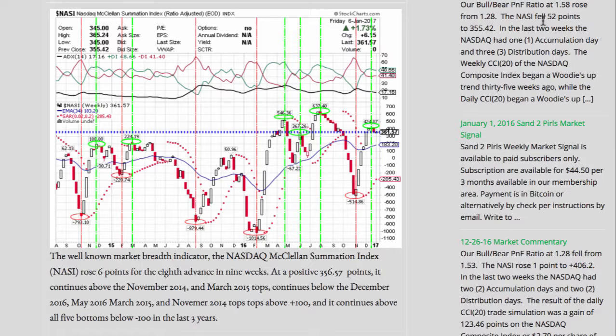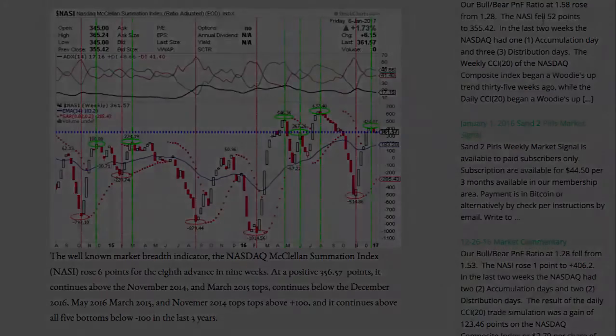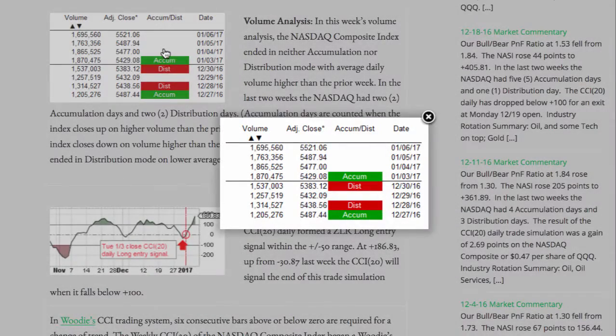It continues above the November 2014 and March 2015 tops, continues below the December 2016, May 2016, March 2015, and November 2014 tops above plus 100, as well as continuing above all 5 bottoms below minus 100 in the last 3 years.